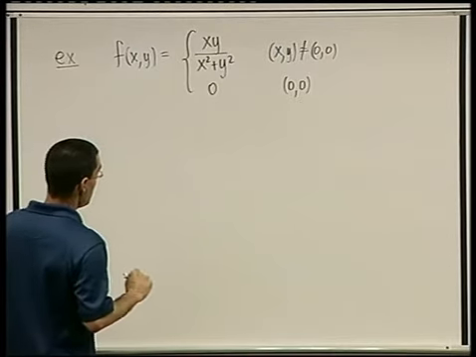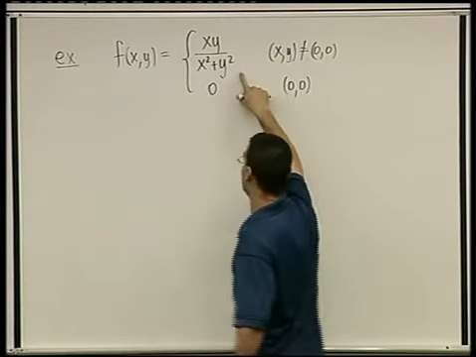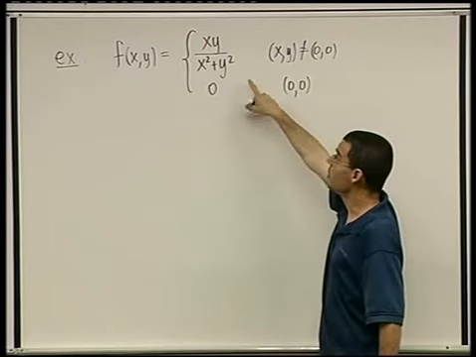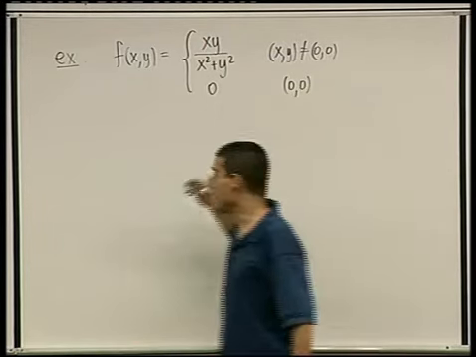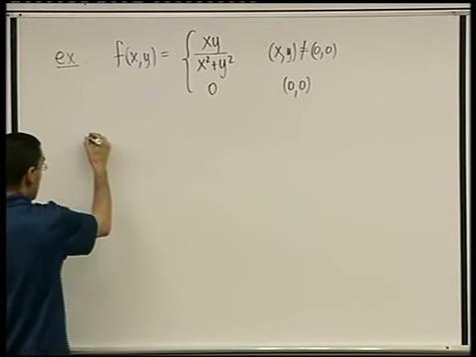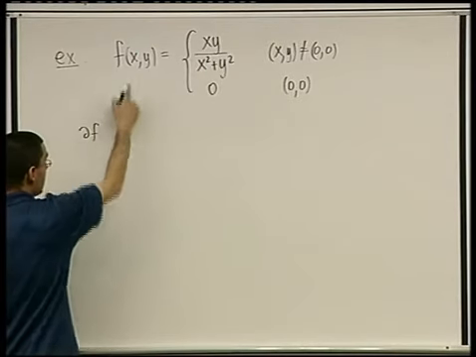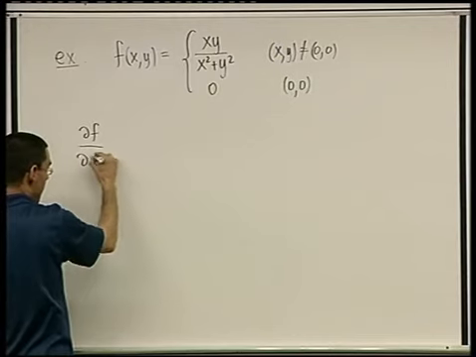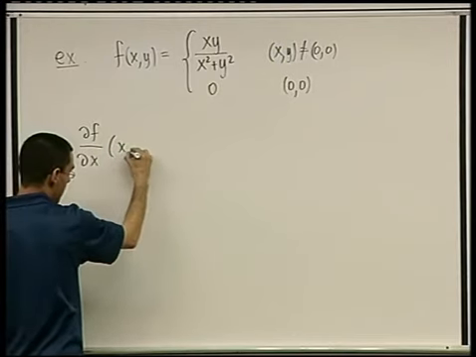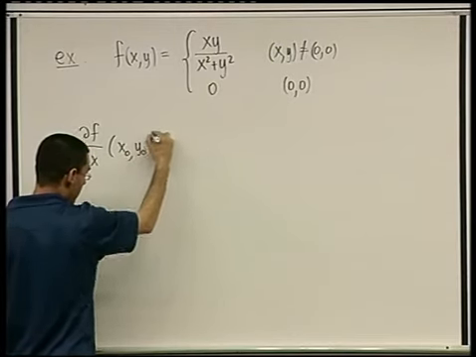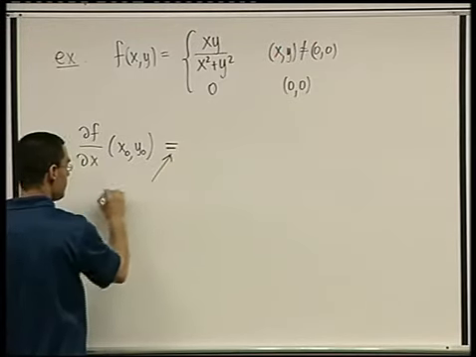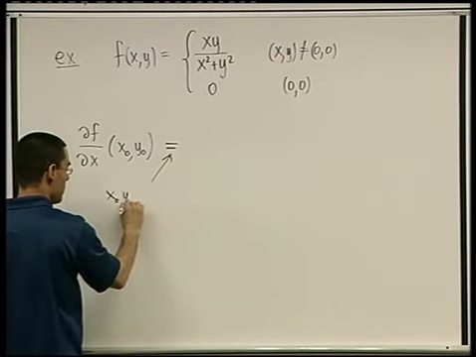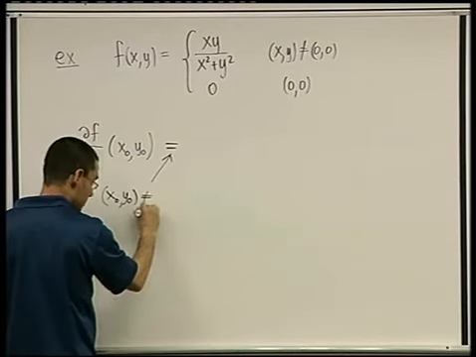So first of all, let's start at a point which is not the origin. Okay, just at any point x0, y0. So what is the derivative of f with respect to x at some point x0, y0, where x0, y0 is not the origin?